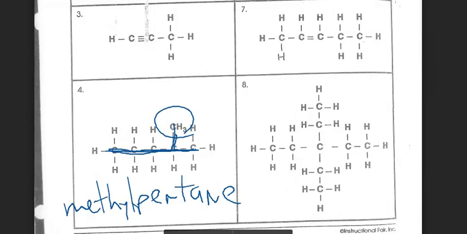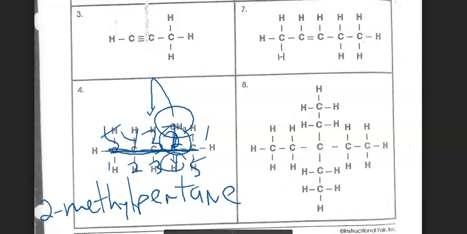This methyl group could have easily been on the middle carbon, so I have to add a number to it. When I number, I take the longest chain and I number it from left to right. So 1, 2, 3, 4, and 5. And from right to left, 1, 2, 3, 4, and 5. Since 2 is a lower number than 4, this is known as 2-methyl pentane.